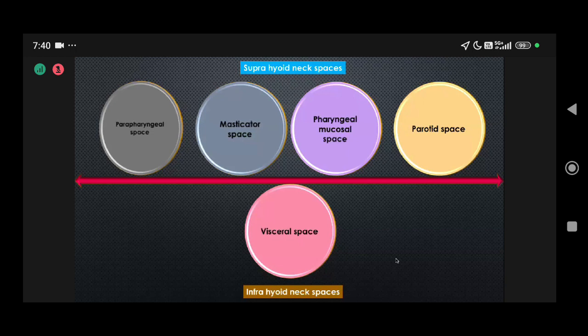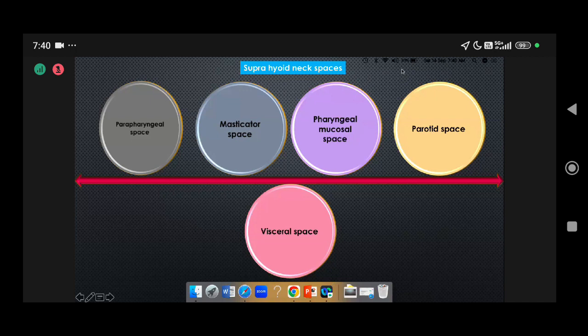And we have paired spaces in the suprahyoid neck: the parapharyngeal space, the masticator space and the parotid space.